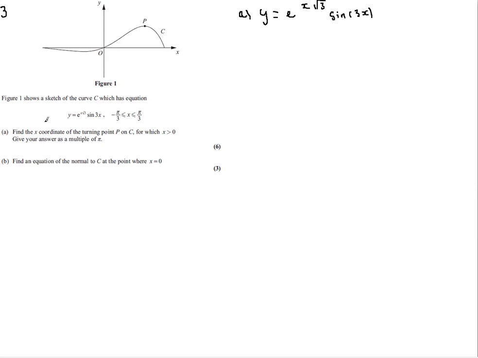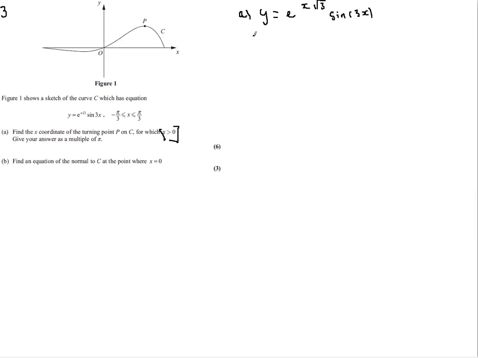We're asked to find the x coordinate of the turning point P on C, for which x is greater than 0. That's important. And give your answer as a multiple of pi.